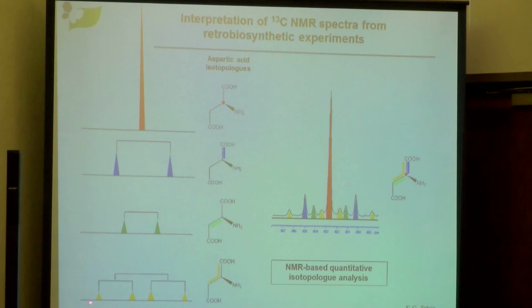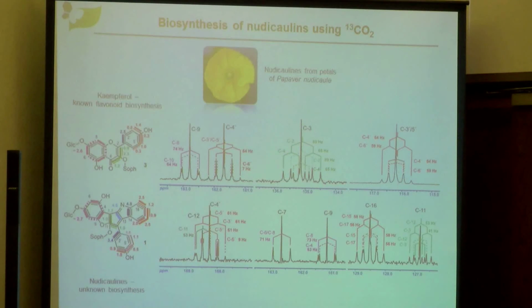CC couplings can be extracted from the spectra, and then a labeling pattern is established and finally integrated, and shows a quantitative isotopolog pattern of the target compound. And these patterns are then compared with primary metabolites or other metabolites in the same mixture.